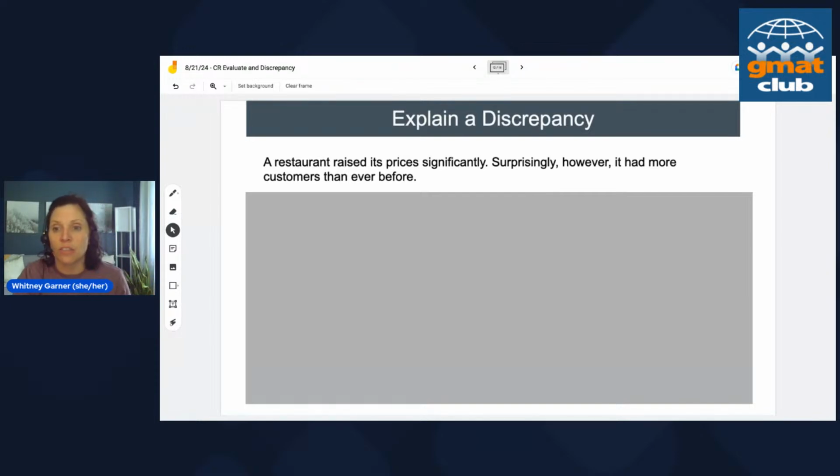Great examples in the chat window, like, what if all the other restaurants in town closed down? Yep. What if there's a convention in town that brought 50,000 visitors? So of course it's not weird that the restaurant raised its prices and had more customers than ever. The town just doubled in size, right?